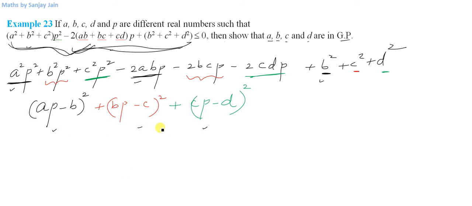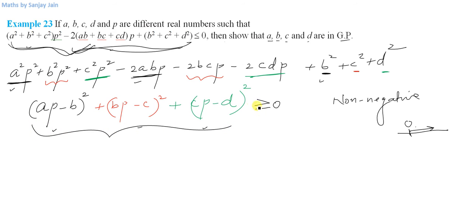The sum of squares of numbers will always be non-negative. That means it will always be greater than or equal to 0. It can be minimum 0, or if it is not 0, then it will be greater than 0. So the minimum value of this expression is 0.